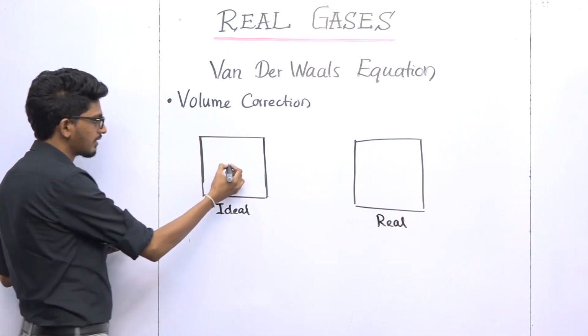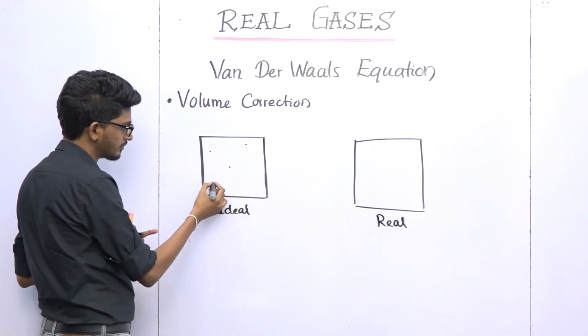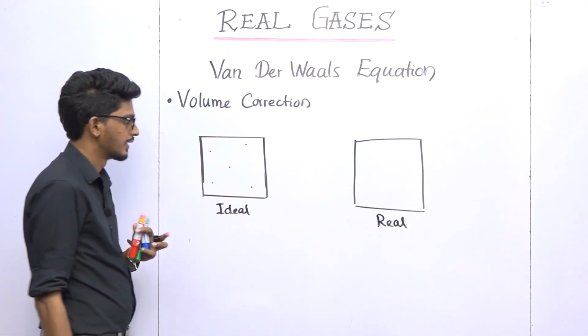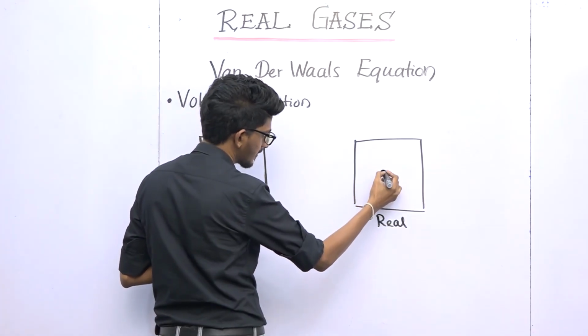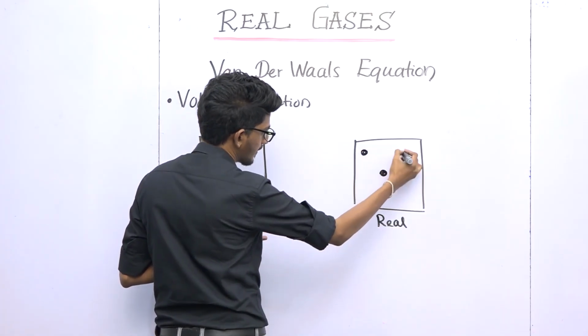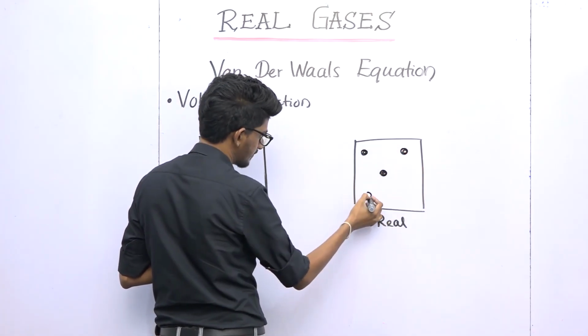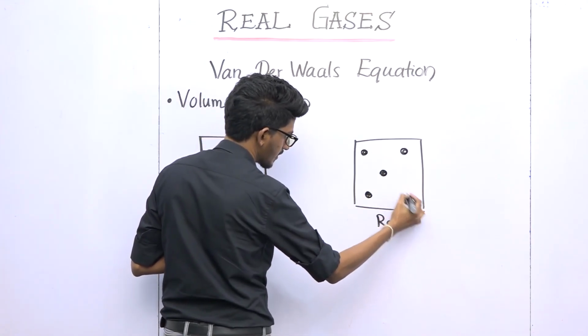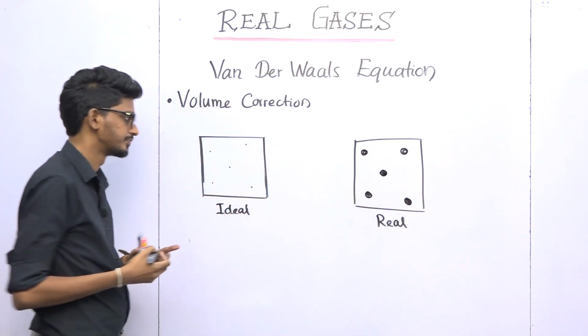Ideal gas molecules have negligible volume. But real gas molecules have some considerable volume.